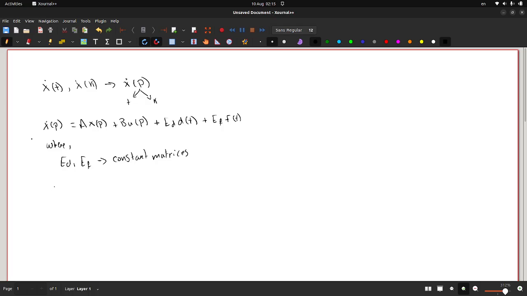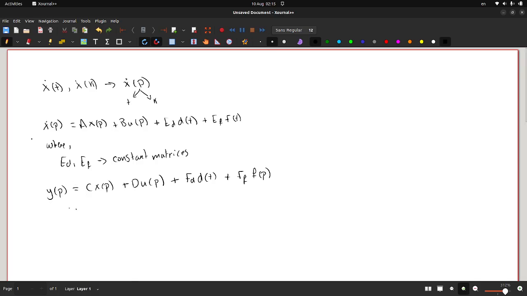Let us now introduce the output model, which is y of p equals C x of p plus D u of p, and that's all we know. Let us now introduce two more terms, which are F_D times the disturbance as well, plus F_F times the fault matrix.